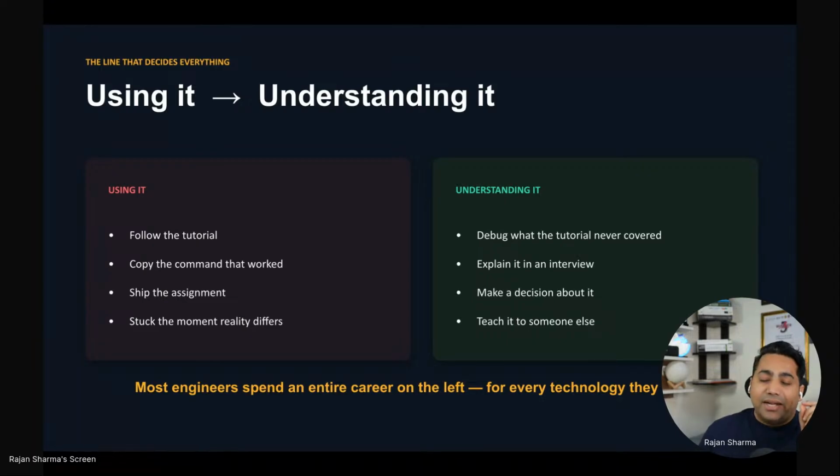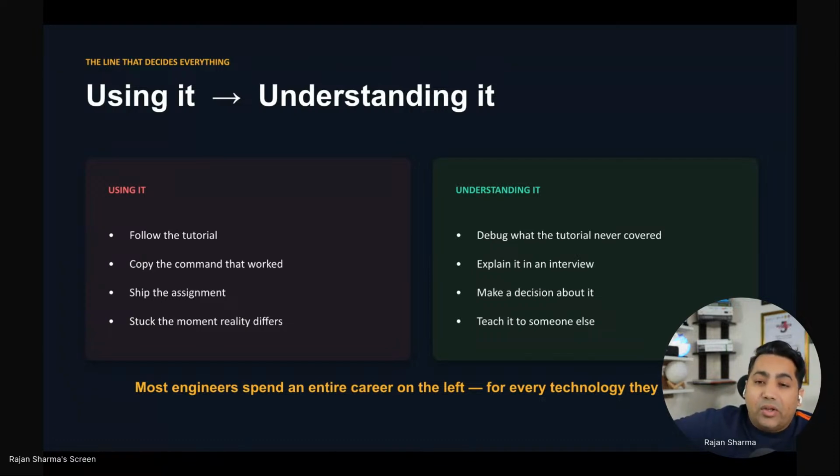So remember the slide, we talk about the left and right. The left part where you see in the slide is you are using it, and the part where we have the slope showing off is the part called understanding it. Now, on the right side, you understand it.